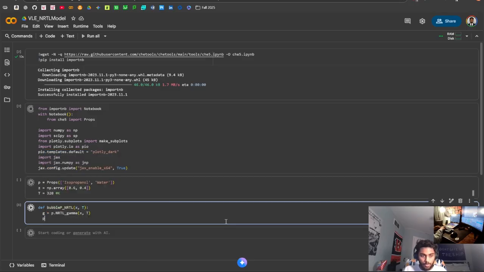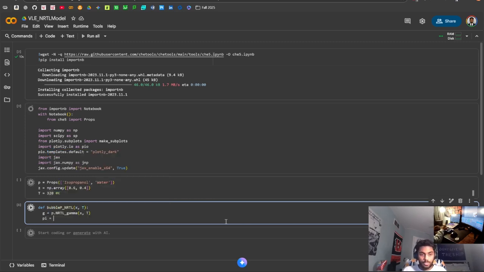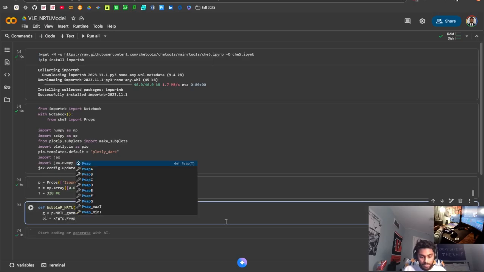We understand that our total pressure, our bubble pressure, actually no, let's start with our partial pressure. So I'll use our Pi, and this is representative of our yi times P, that's our partial pressure. And so we're going to have an x times our gamma times our vapor pressure at our given temperature.